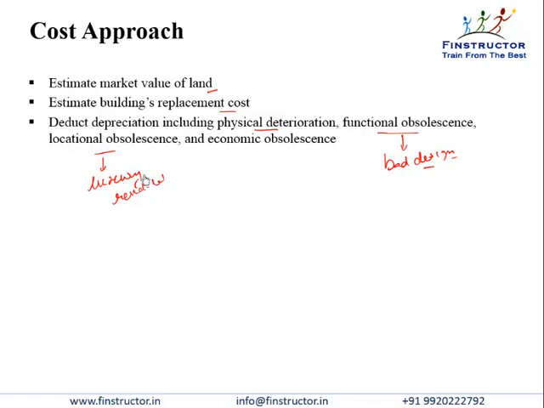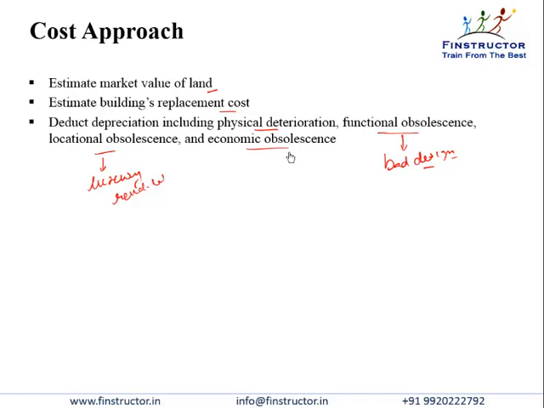You built a residential house historically, so obviously you will have to give some discount because the location now is not suited for residential properties, it is more suited for commercial properties.